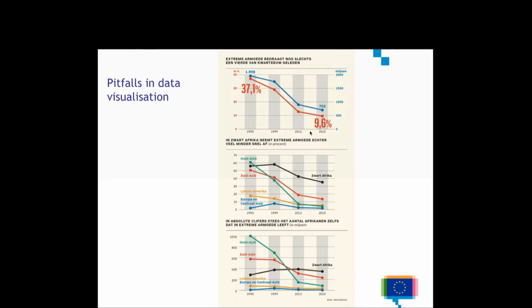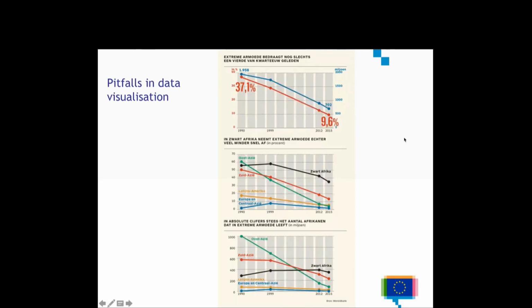If you would correct this chart and respect the time intervals between the data points, the chart would look like this. And you can see that on this chart, the sudden drop in the poverty rates is not visible at all. And we are just seeing a steady decrease of the poverty rate. And so one thing to remember from this chart is that you shouldn't cut the time axis. And it can be that this is done not deliberately.